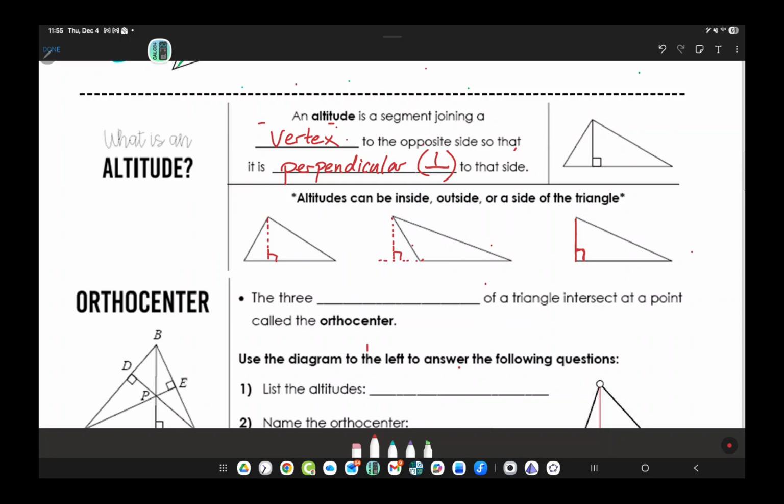Okay. So now when the 3 altitudes intersect, this is called an orthocenter.